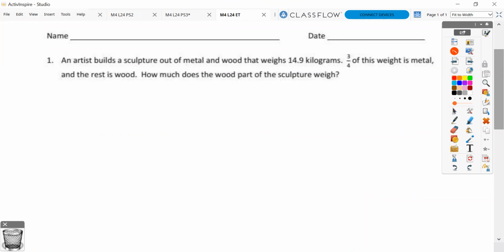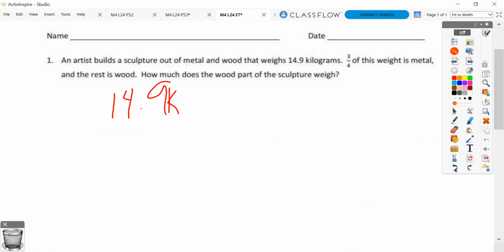We have an artist building a sculpture out of metal and wood that weighs 14.9 kilograms. 3/4 of this weight is metal, the rest is wood. How much does the wood part of the sculpture weigh? Oh, very cool. All right, so 14.9 is our whole, and that's kilograms, so kg.